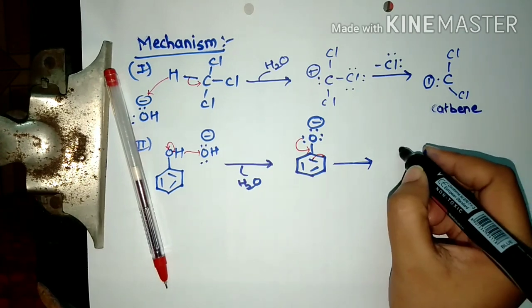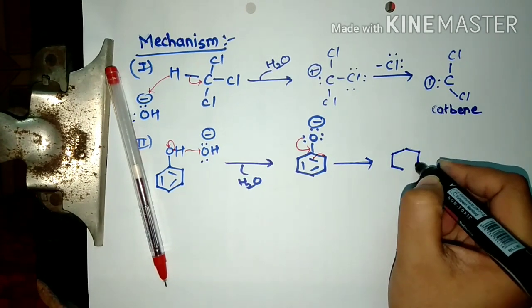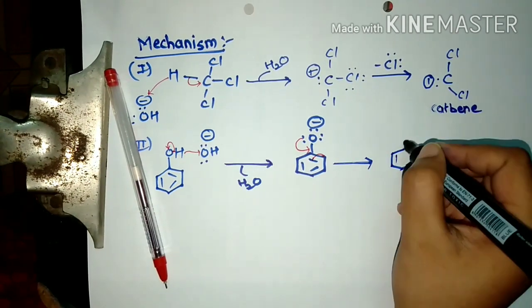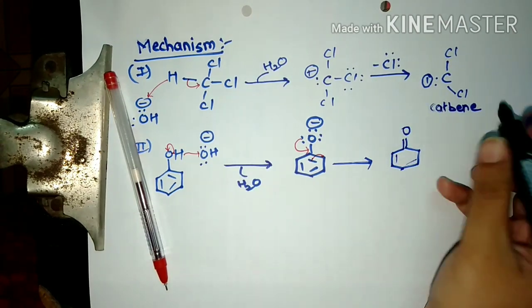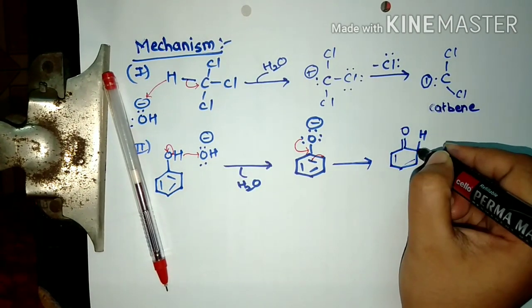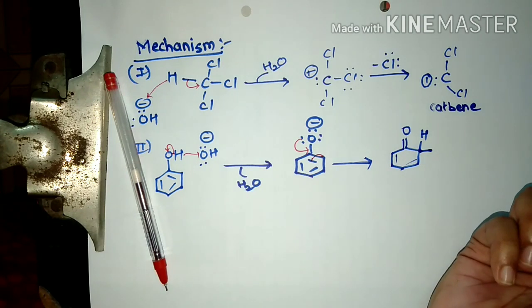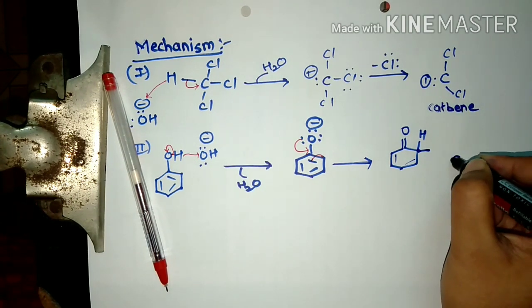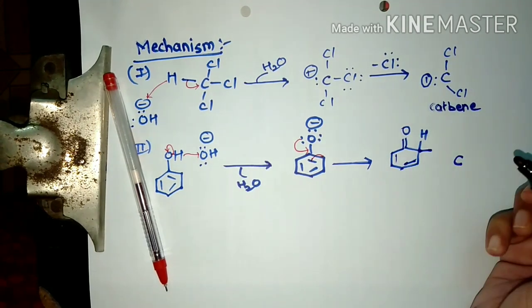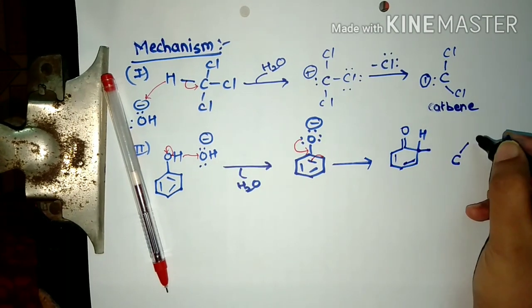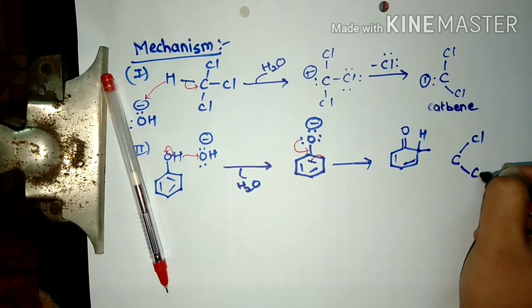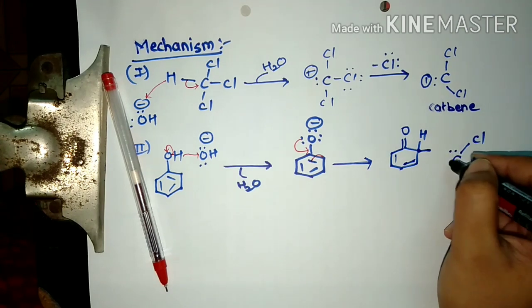And there will be formation of this product. Double bond O, hydrogen, hydrogen. Now your carbene will come over here and take part in the reaction.